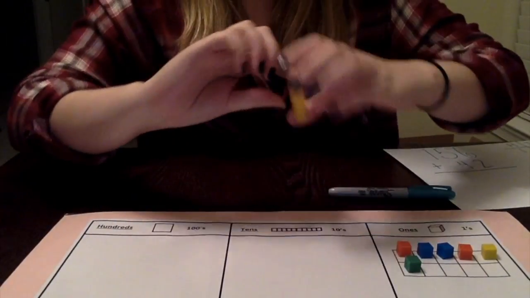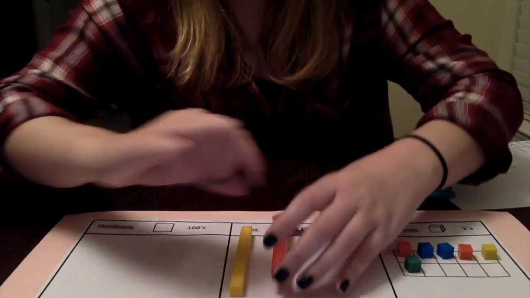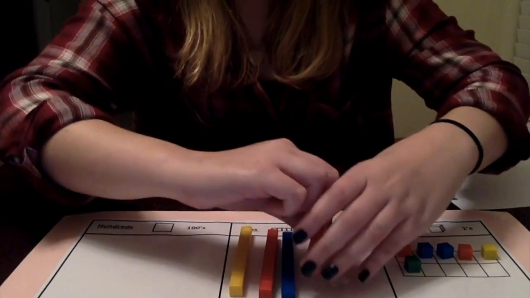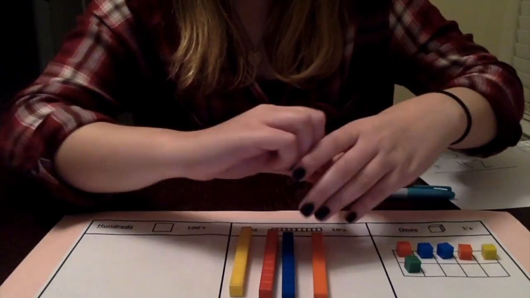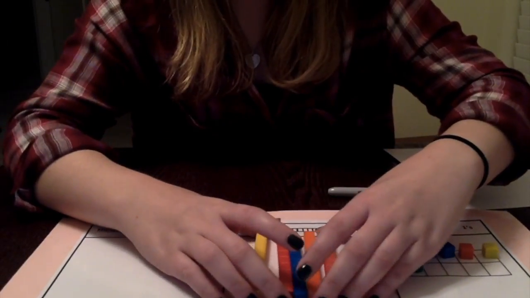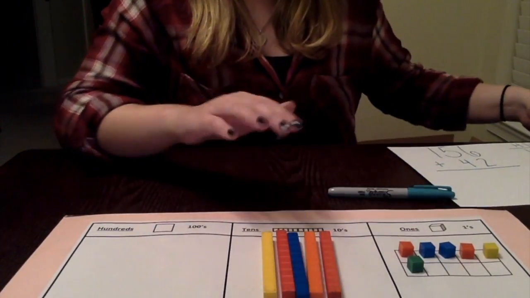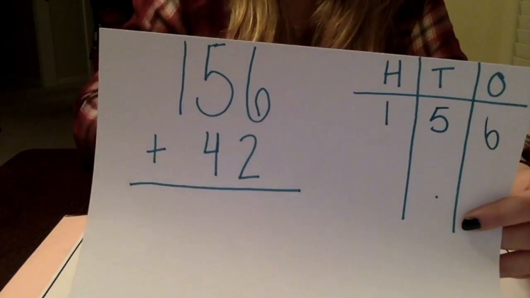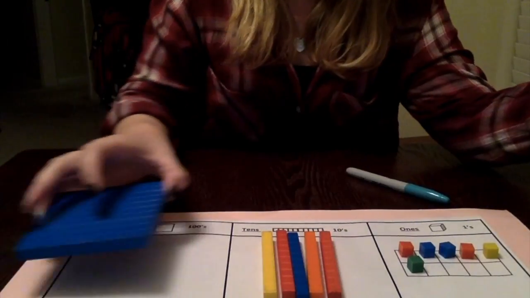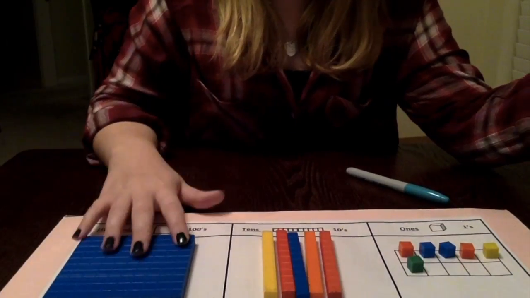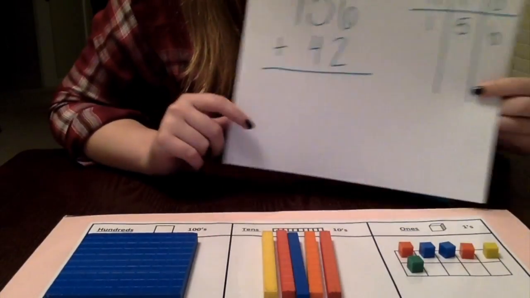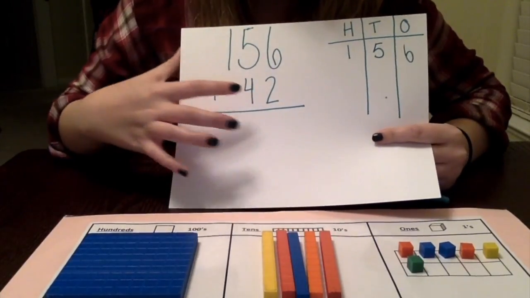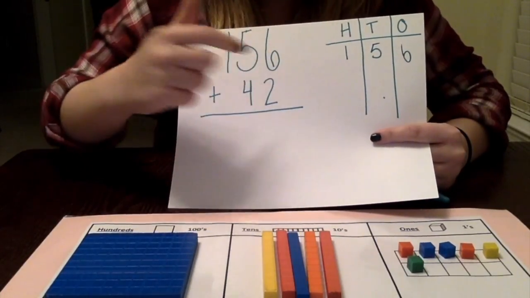So 10, 20, 30, 40, and 50. So I have my 5 tens and my 6 ones, and now I'm going to look at my hundreds place. I only have 100, so that is 100. Now, for our addition problem, I want to add 42 to 156.